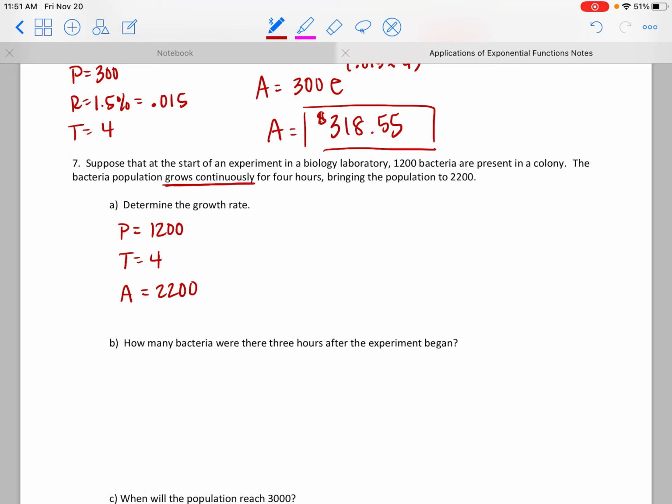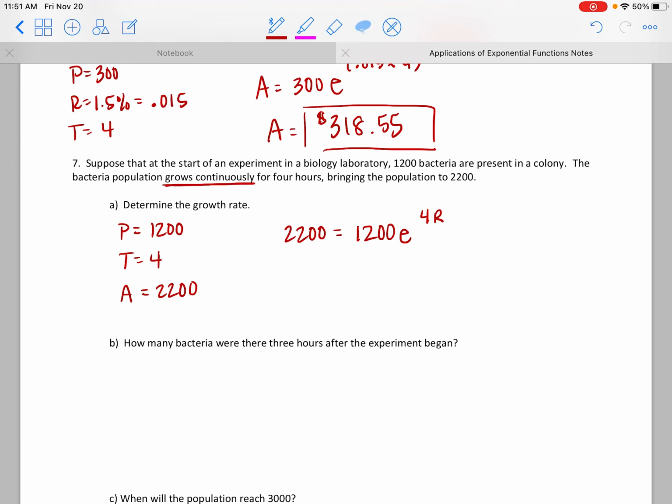So the only variable left is r, which is why we're asked to calculate r. So we have 2,200 equal to 1,200 times e, not a variable. Remember, e is about 2.72, and it's raised to the rt power. So it's going to be 4r up here, and we have to solve for r.